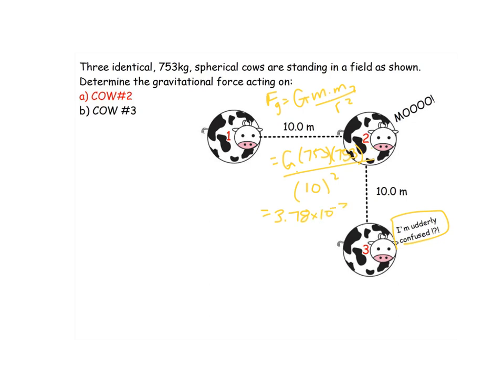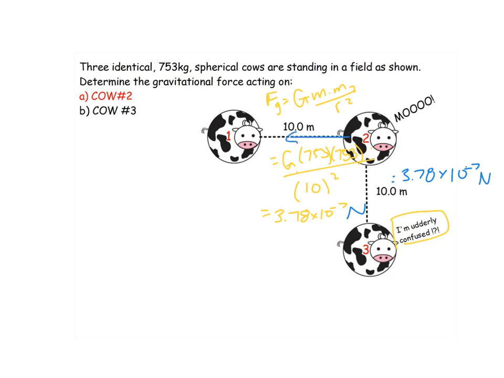Now, if we think about cow number 2 and cow number 3, there will also be a force of gravity between those. Because the cows are the same size and the distance is the same, this will also be 3.78 times 10 to the negative 7 newtons. It's relatively small because cows are relatively small compared to planets and stuff like that. Now, we need to think, what direction is the net force going to be on cow number 2?